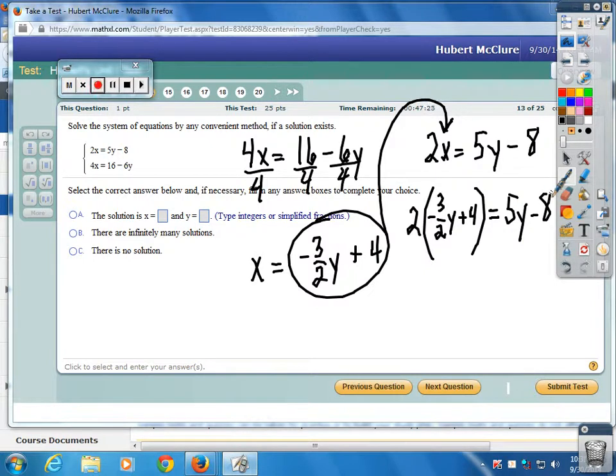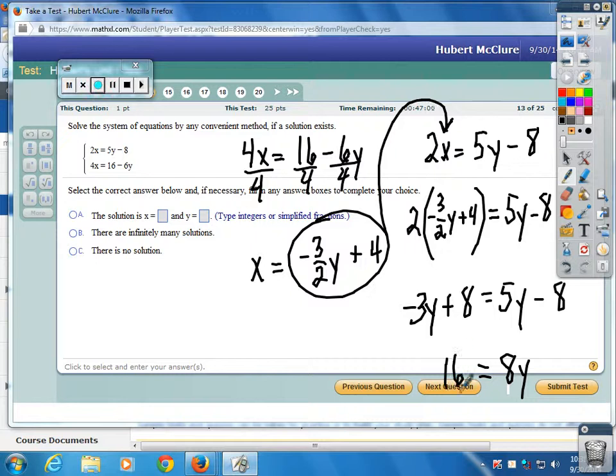And what happens to the 2's? You get negative 3y. And 2 times 4 is 8. I'm going to bring 3y over. That becomes 8y. I'm going to bring the 8 over. That becomes 16. What do you get? Y is equal to 2.